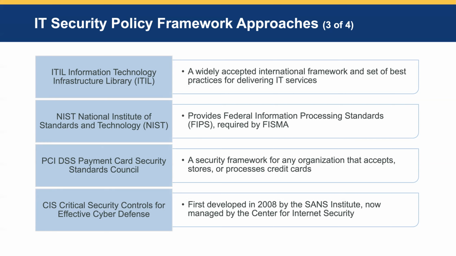This was first developed in 2008 by the SANS Institute, and now it is managed by the Center for Internet Security. It provides a number of different ways to maintain and control security mechanisms over the internet. So this is just a short list of available frameworks that can be utilized.